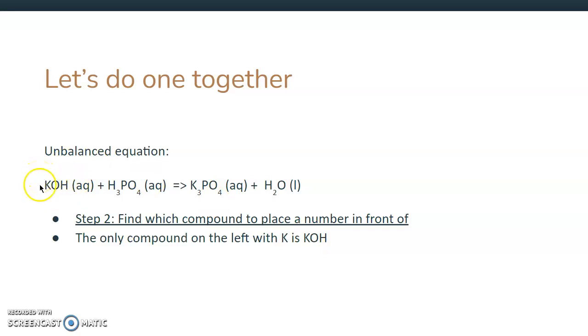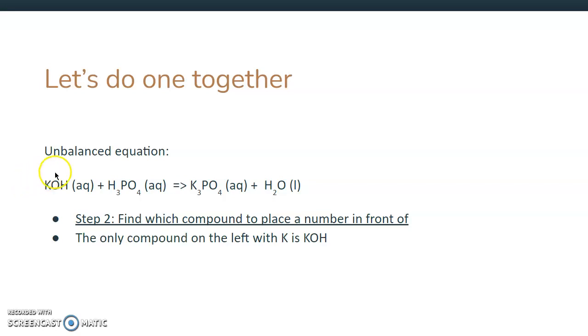When we're placing our large number in front, we have to do it where it multiplies every part of the compound. We can't just place a small one down here. We have to multiply the whole compound by it.